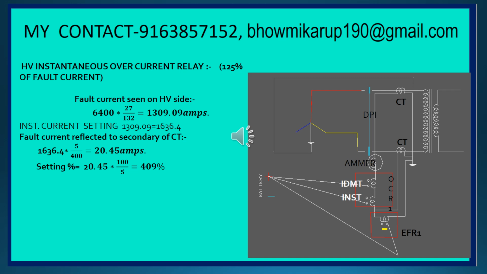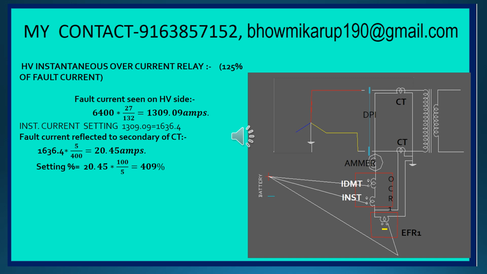So suppose face-to-face short circuit occurred or transformer primary winding shorted. So many things may happen. At that time it will trip the instantaneous. When the current is enormous, it will trip. But if it is earth fault, then the earth fault relay will act. But if it is not earth fault, but winding to winding shorted, face to face shorted, at that time this relay will act. Its setting is 25% more.